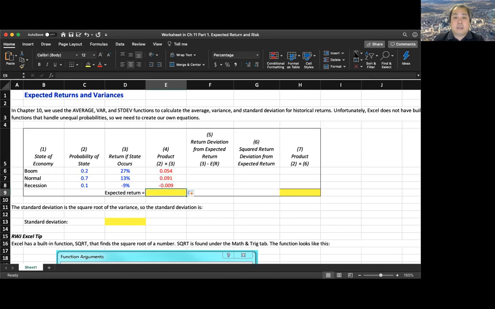And add them up, 13.6% is expected returns.